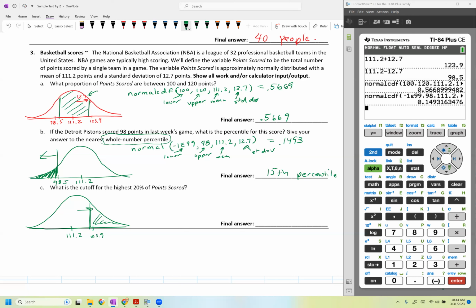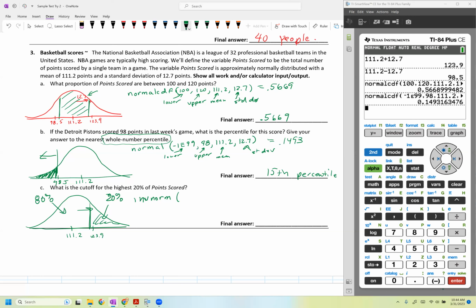Now for this, we're going to use an inverse normal because we're starting with a percentage and trying to work backward to a value, where the other ones, we start with a value and we work backward to the percentage. So we can do it one of two ways. Here's the upper 20%, and here's the lower 80%.